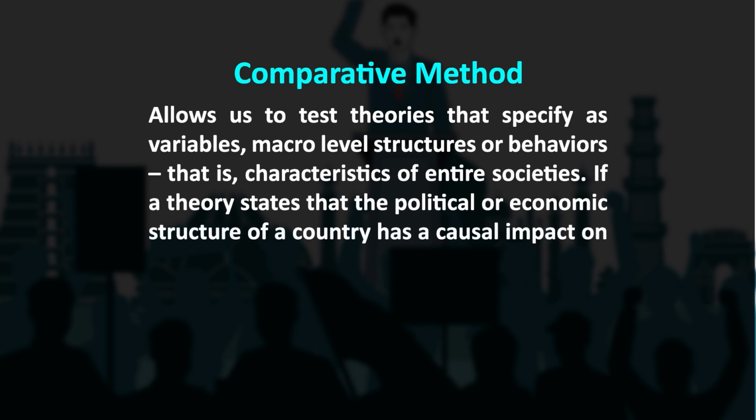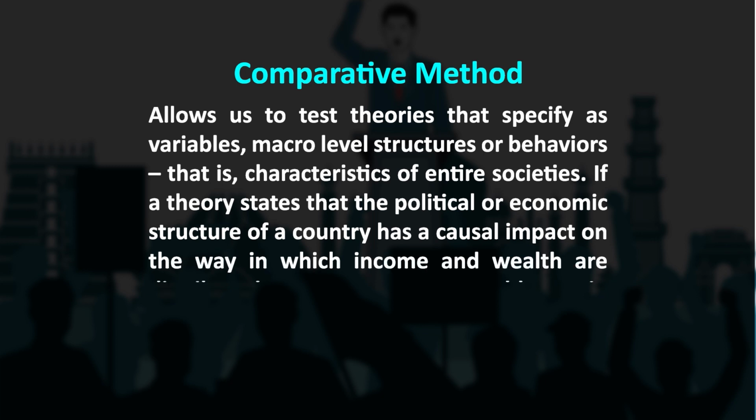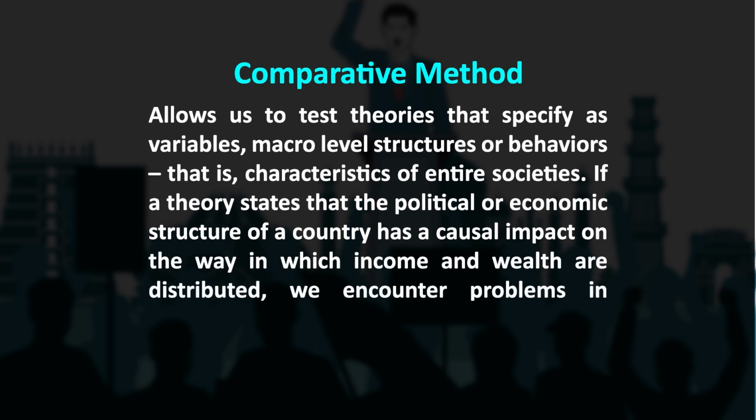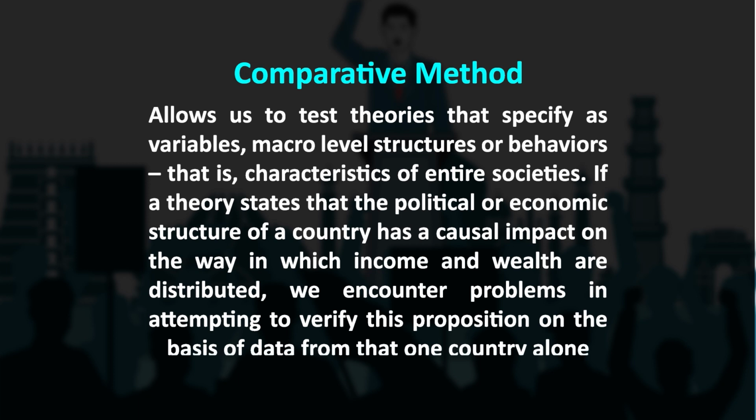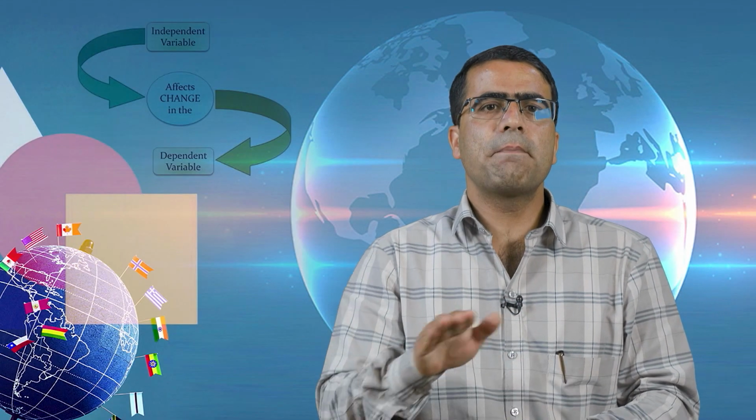If a theory states that the political or economic structure of a country has a causal impact on the way in which income and wealth are distributed, we encounter problems in attempting to verify this proposition on the basis of data from that one country alone. It is not possible to assess the impact of a variable such as economic structure, which is constant for any one nation.